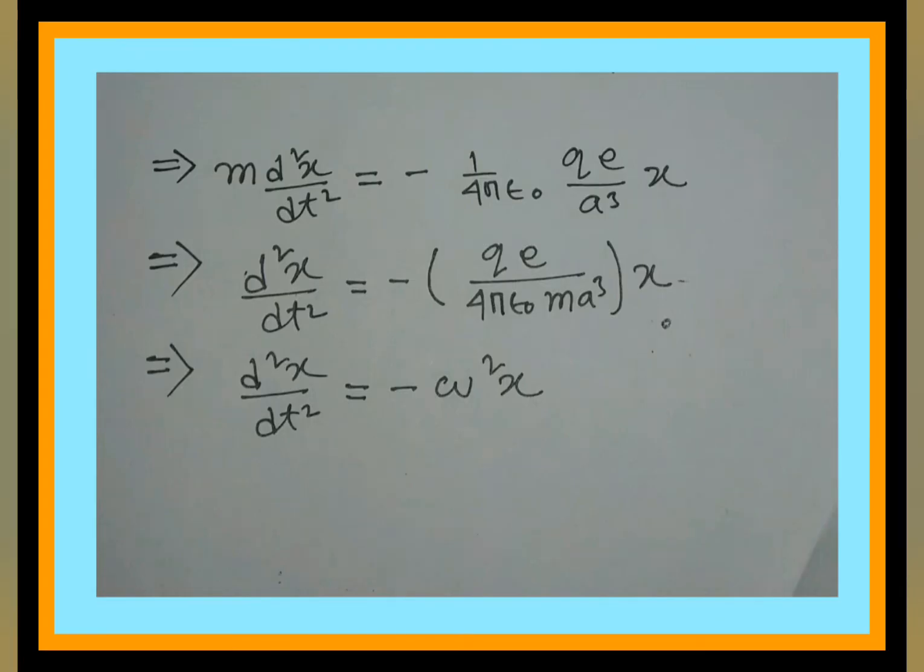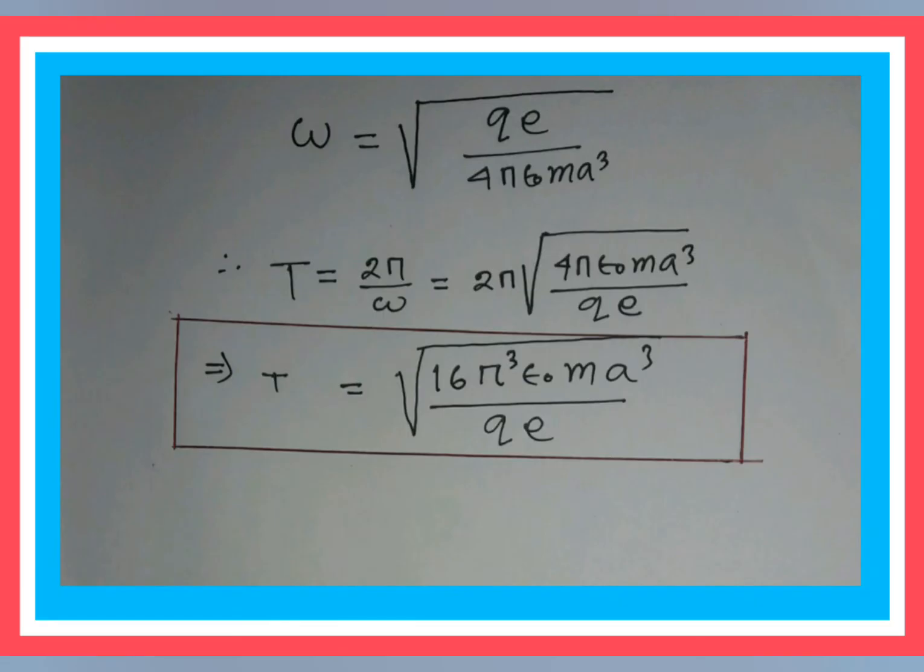If m is the mass of the electron, then we know force F equal to mass into acceleration, and this is equal to minus 1 by 4 pi epsilon naught, Q e x by a cube. Therefore, the acceleration equals minus Q e x by 4 pi epsilon naught m a cube, and the acceleration equals minus omega square x, where the constant omega equals under root Q e by 4 pi epsilon naught m a cube.